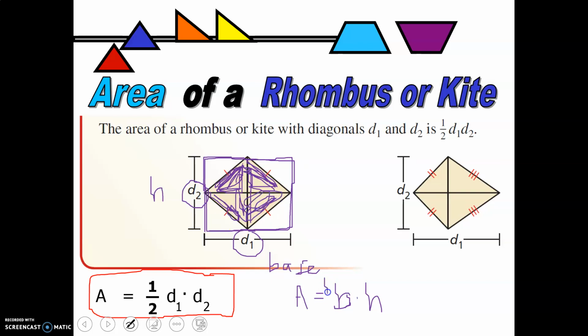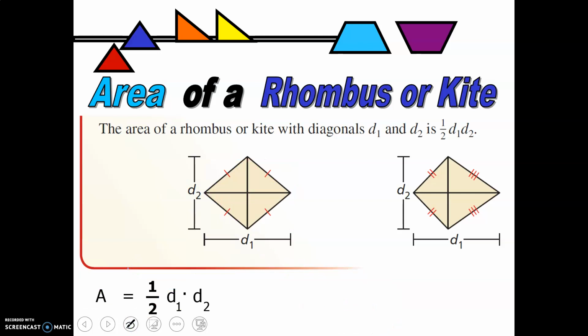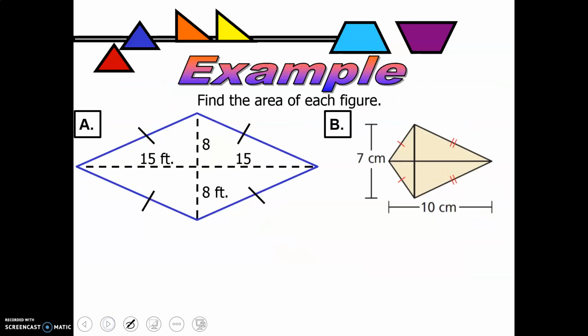So only half of that rectangle is filled in. So we could get the area of that shape by using 1/2 base times height. Now instead of using the base times height notation, we use diagonal 1 and diagonal 2. So let's go ahead and try that out, and you'll see it's a very easy formula to use.